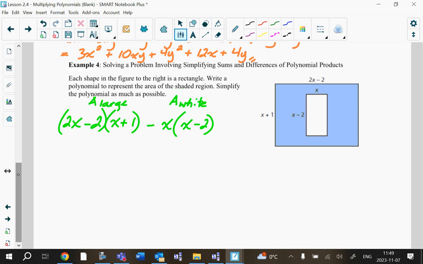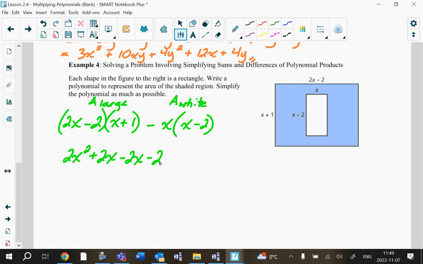Well, we got some multiplying to do. 2x times x, 2x squared. 2x times 1, 2x. Minus 2 times x, minus 2x. Minus 2 times 1, minus 2. Now, I can put that in parentheses, but actually, I'm not going to need the parentheses, because there's nothing in front.